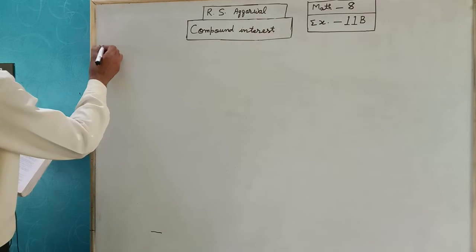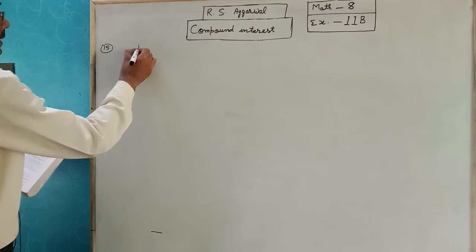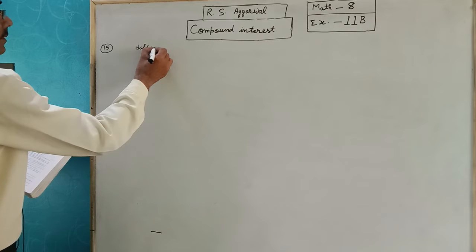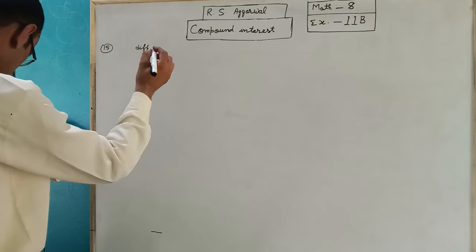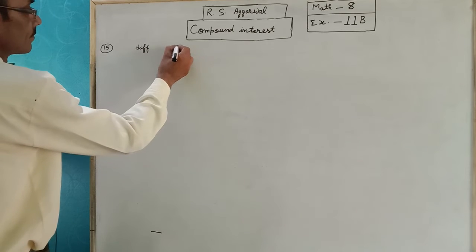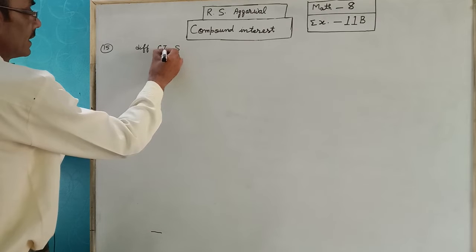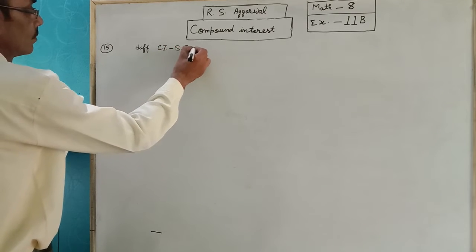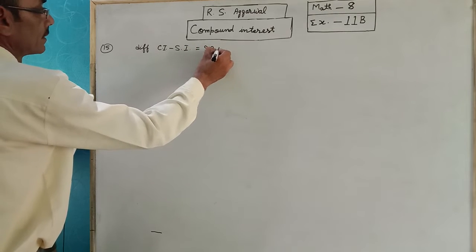Question 15 is difference of CI and SI. CI minus SI is equal to 93 rupees.